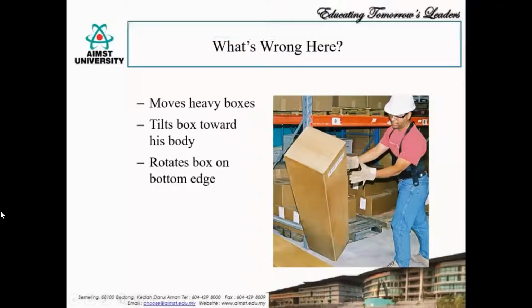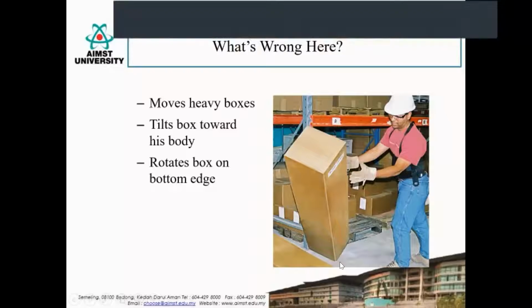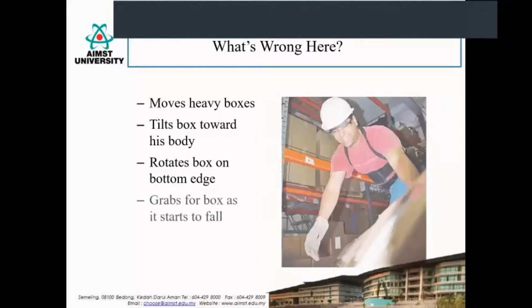Sometimes we rotate with the edges and try to move a long object, isn't it? Same thing he is trying to do, like how we rotate cylinders and move them. So rotating the box on the bottom edge, he is moving it.